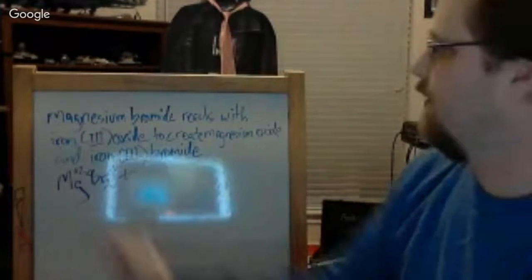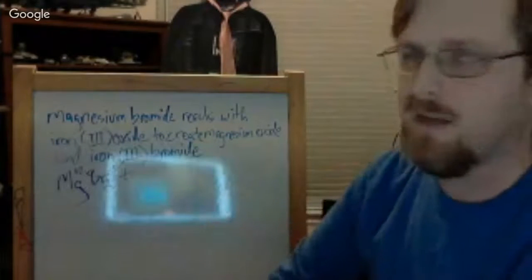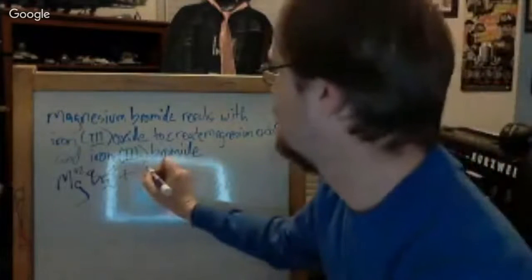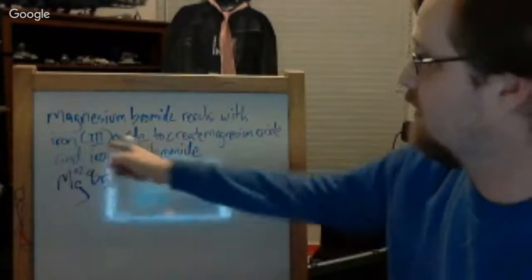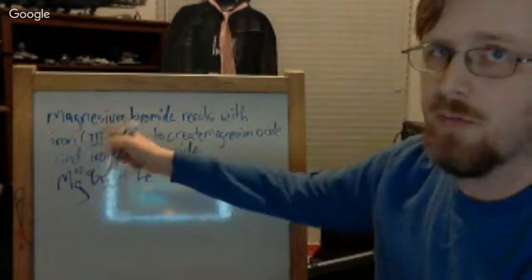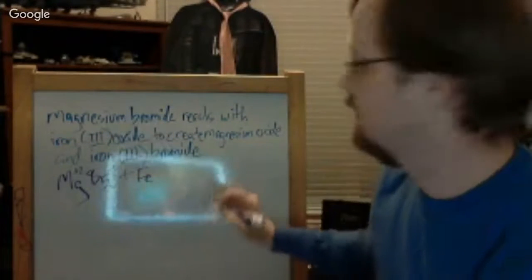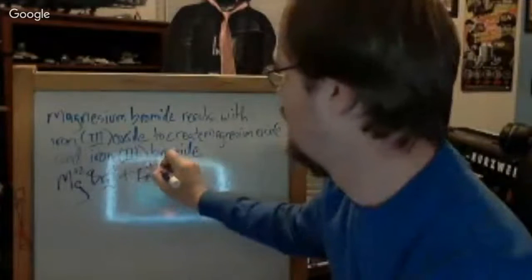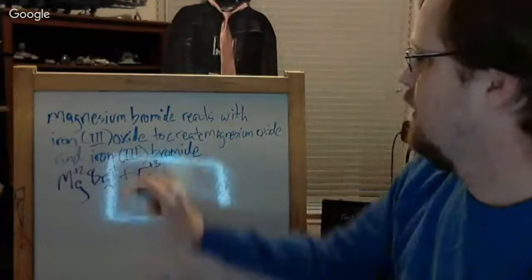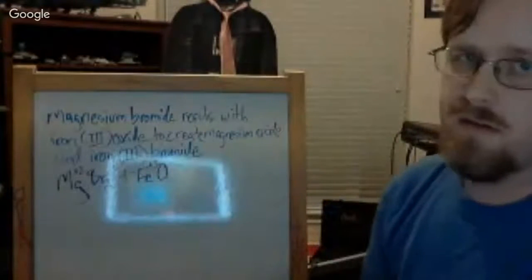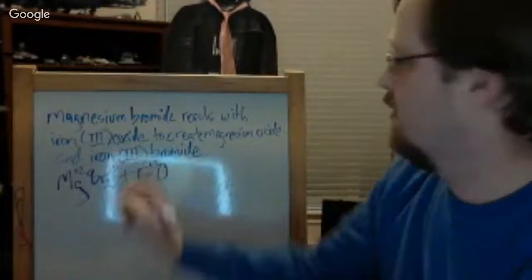Then it says reacts with, so there's the plus. And then we've got iron 3. The symbol for iron is Fe. In the name, the Roman numeral is the charge, so this is a charge of +3. Oxide, that's oxygen, and oxygen has a charge of -2.